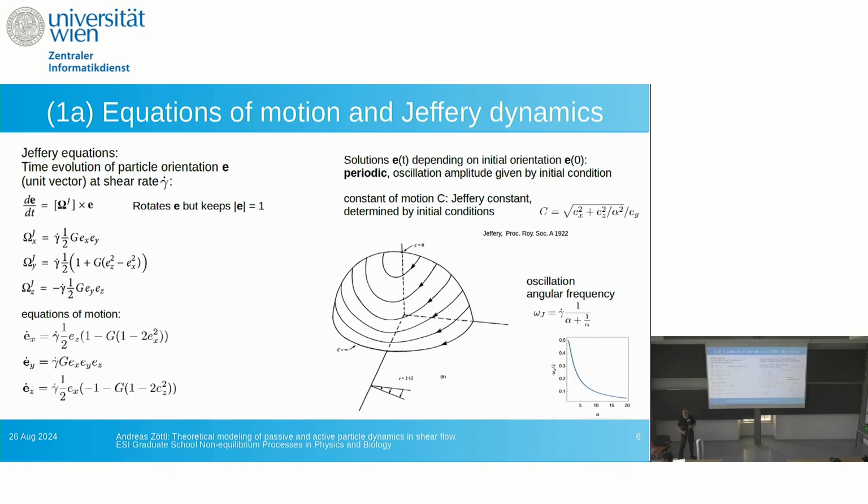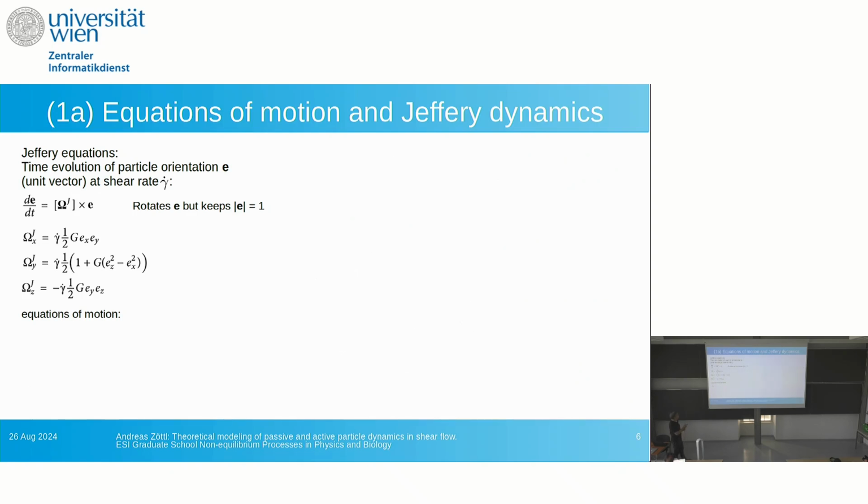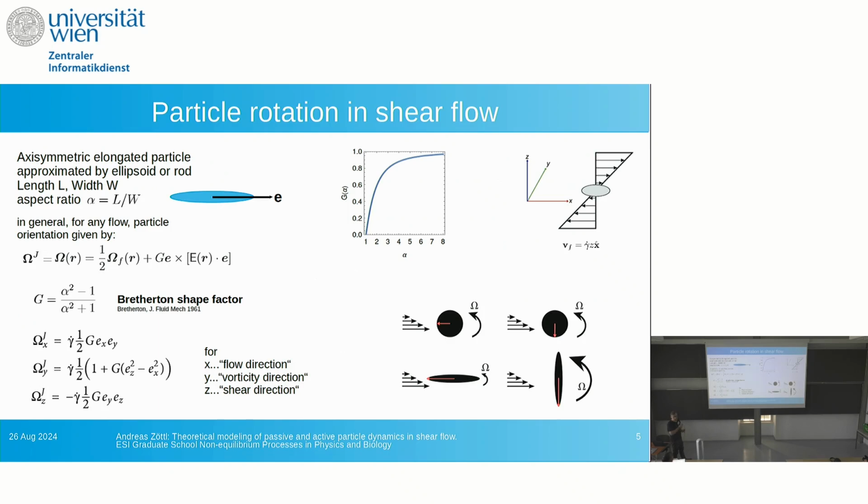Yes. Could you go back to the expression for omega j, the one where you had the... So to the previous slide? Yeah, the previous slide. So here, the expression for omega j, the part which is coming from non-sphericity, you have E cross something, and then in your equation you have again E cross.